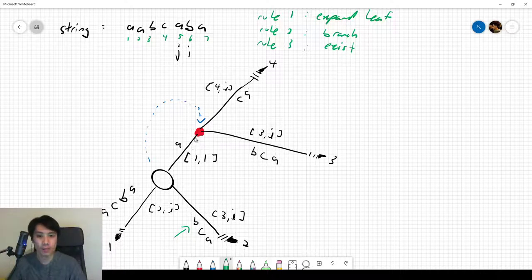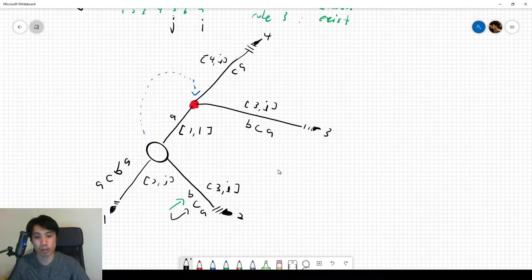Okay, so because B exists means it is rule number 3, which is my showstopper. Okay, my I is going to increment again, which is what you're going to see here. Okay, so for my pointer, my next alphabet is C. I do not have any A.